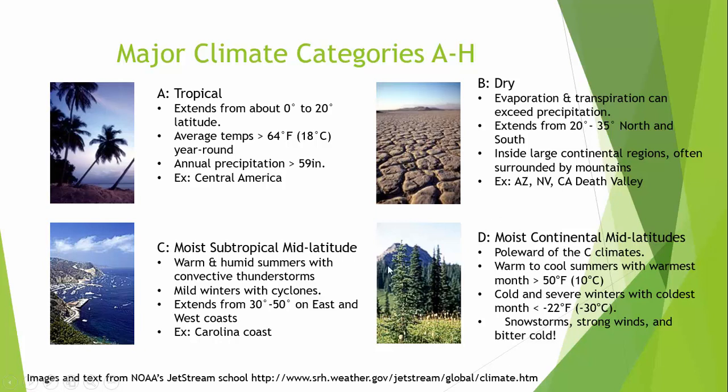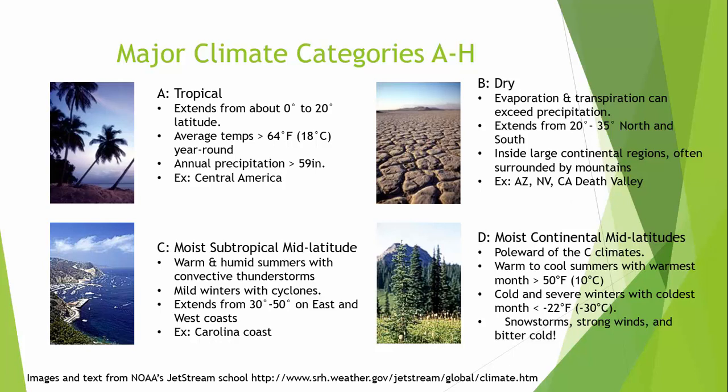Two other moist climates are the moist subtropical mid-latitudes and then the moist continental mid-latitudes. The only thing that separates these from one another is that the subtropicals tend to be along the coasts, so that's the east and west coasts. So you can think of like the Carolinas maybe. And then the moist continental mid-latitudes, those are inland, so the middle of the country.